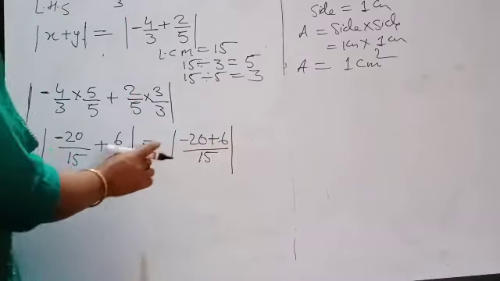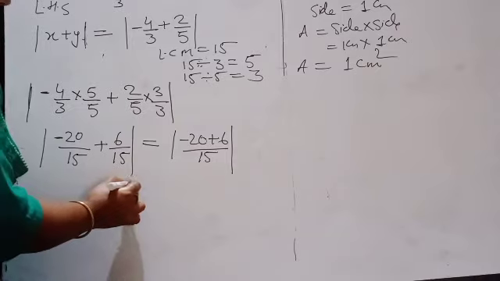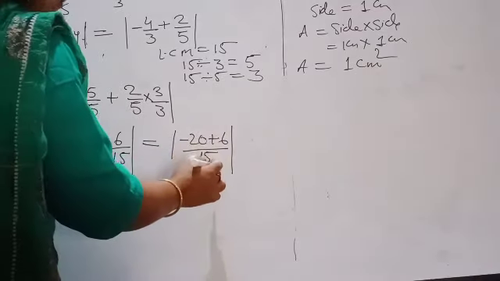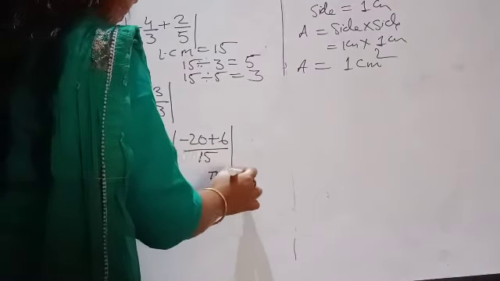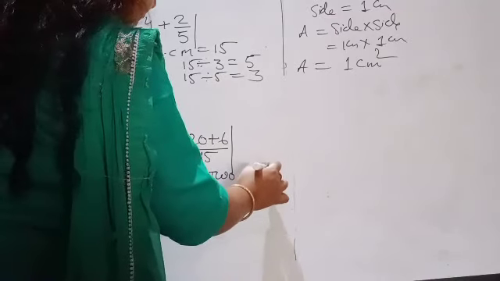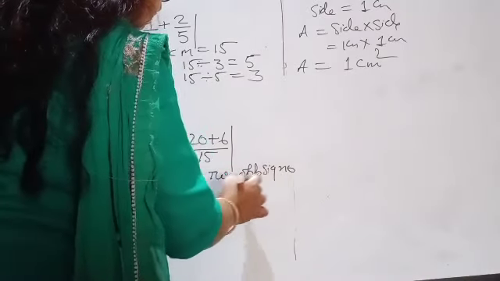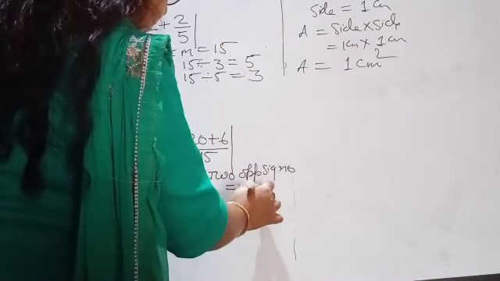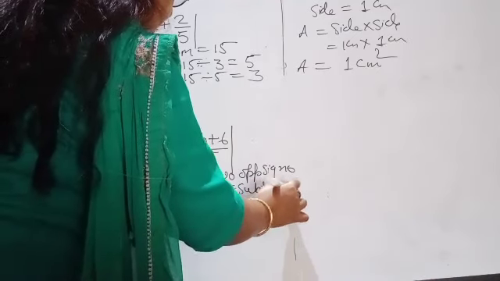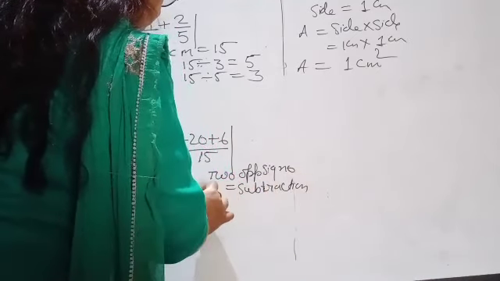Now see what it will be. Two numbers of opposite sign means subtraction, with the greater value sign.